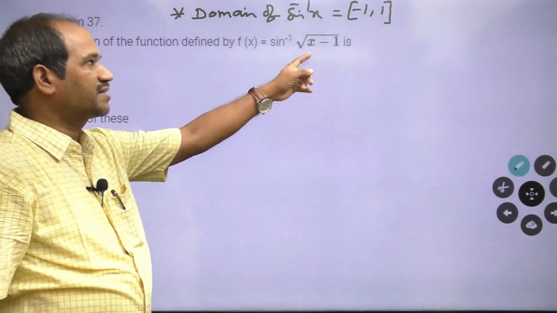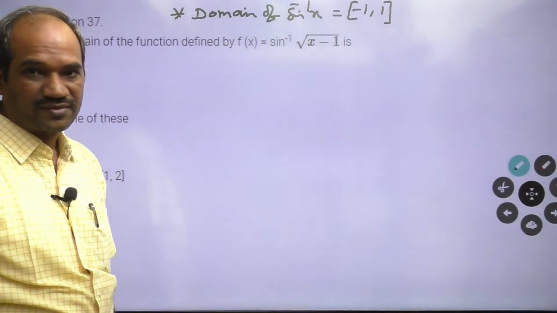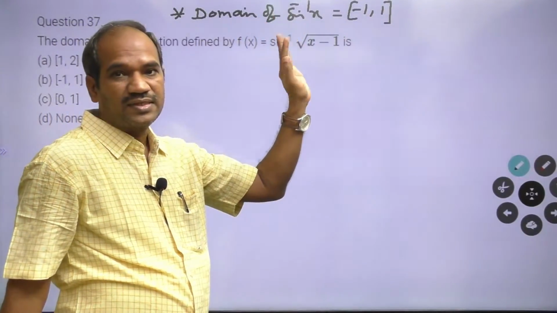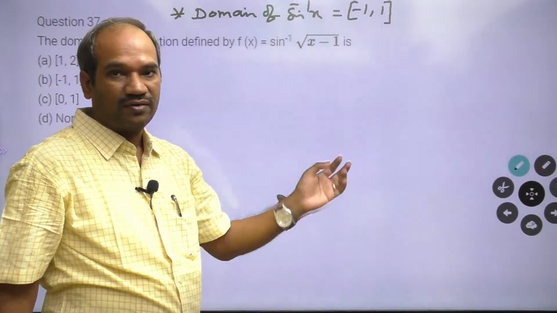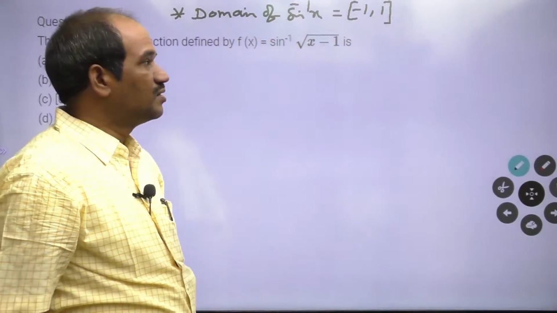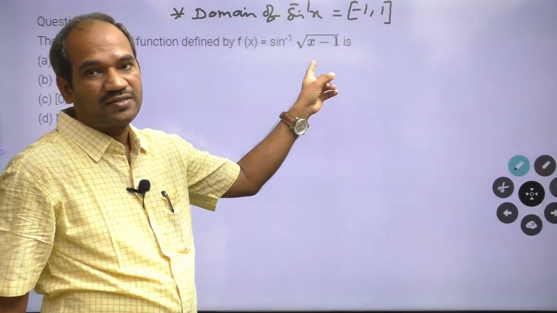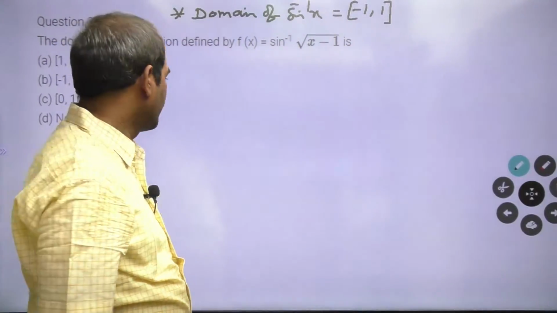Here, square root of x minus 1. In the square root, the value is 0 or greater than 0, so 0 or greater than 0 means the value lies between 0 to 1 only.